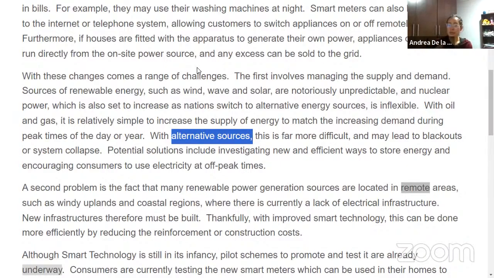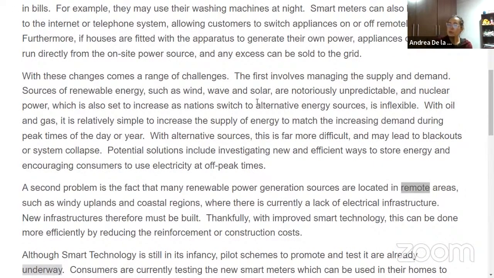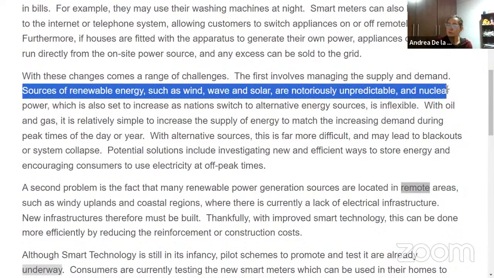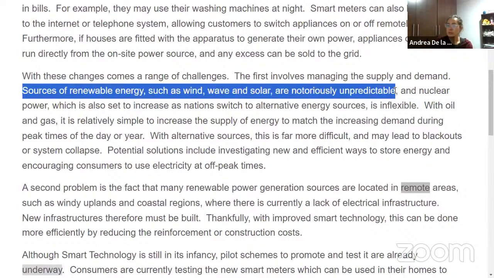The question, what was the problem with renewable sources of energy? These are our keywords. And remember the tip that I gave you first class for the reading part? In detail questions, the answer will always be in one specific small part of the text, close to the keywords. So this is the answer.